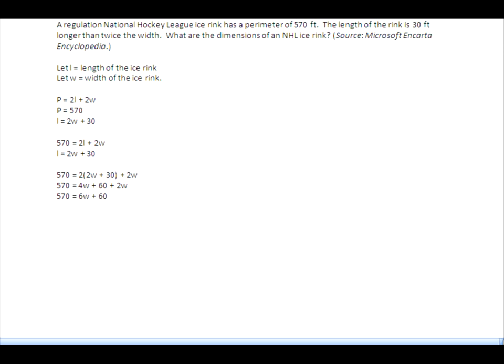We'll need to subtract 60 from both sides, and that will give us 510 is equal to 6W. And then we'll finally divide both sides by 6, and we'll get that 85 is equal to W. The width of the ice rink is 85 feet.